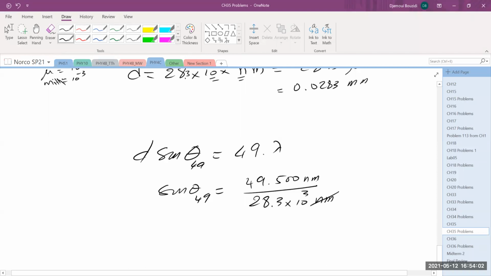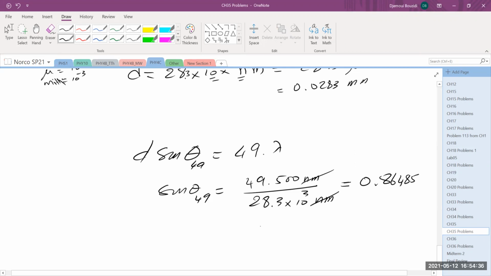That way, the nanometer cancels the nanometer, and the answer is going to be 49 times 500 divided by 28.3 times 10 to the 3. I'm using the full value, not the approximate value. So it's going to be 0.86485, and that is sine of theta 49.